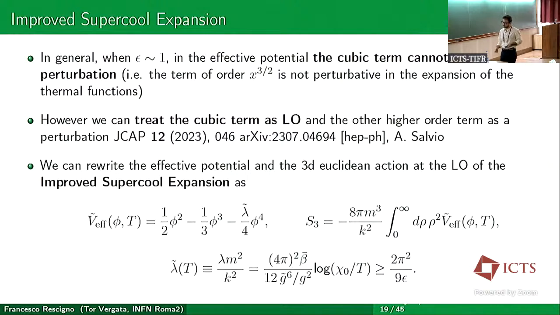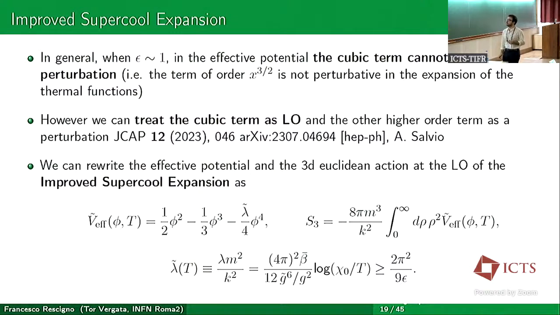And we can do that because in the expansion of the thermal function, the coefficient gets smaller when we go up in the order of perturbation theory. So we can promote the cubic term at a leading order when epsilon is of order 1. And this is what we call improved supercooled expansion.